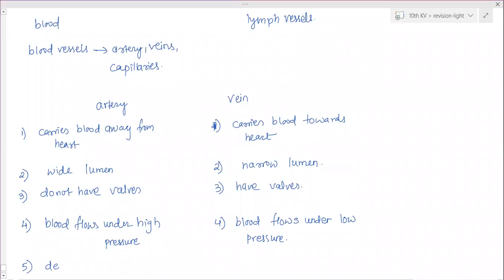Fifth one, arteries are deep-seated, veins are superficial.